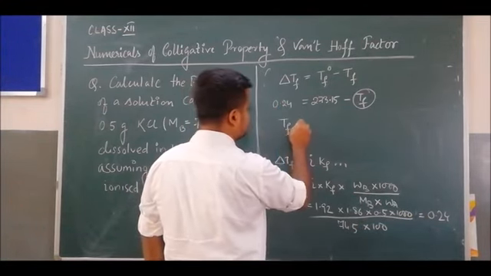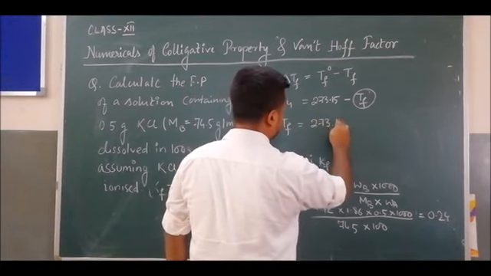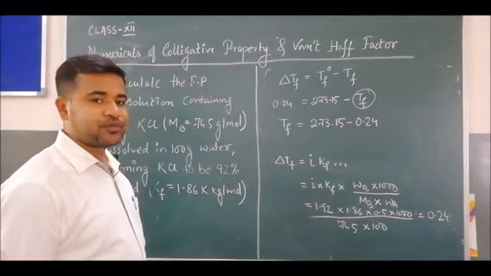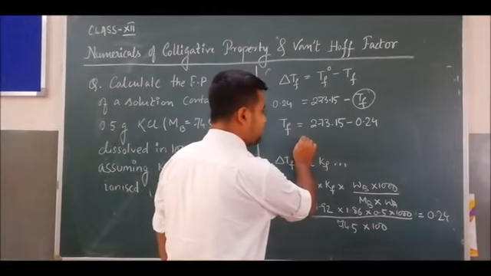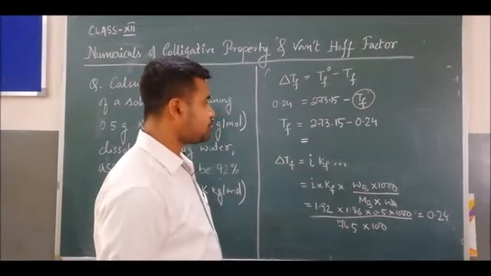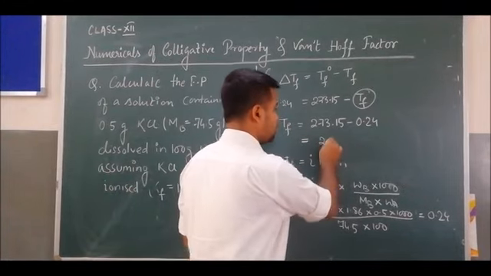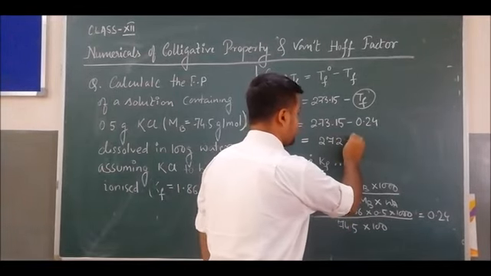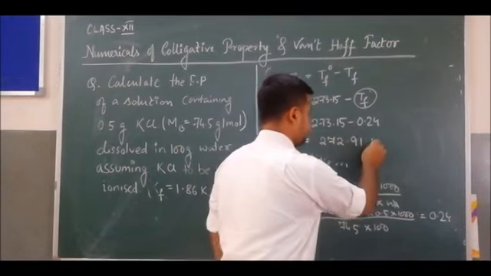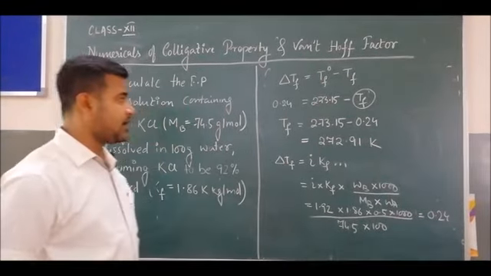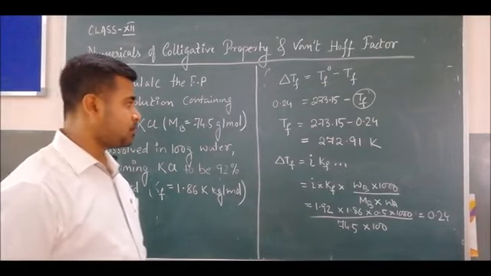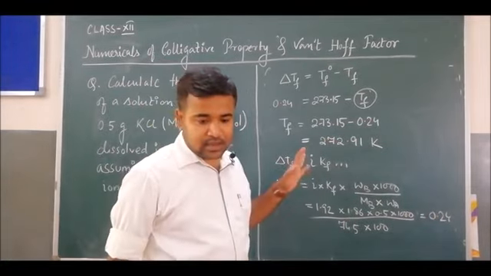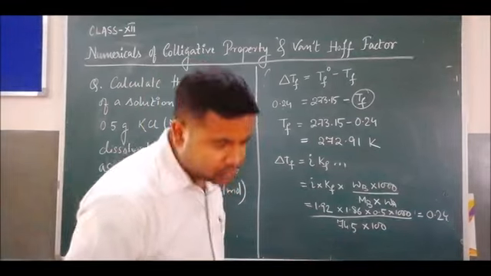So Tf equals 273.15 minus 0.24, and the answer is 272.91 Kelvin.